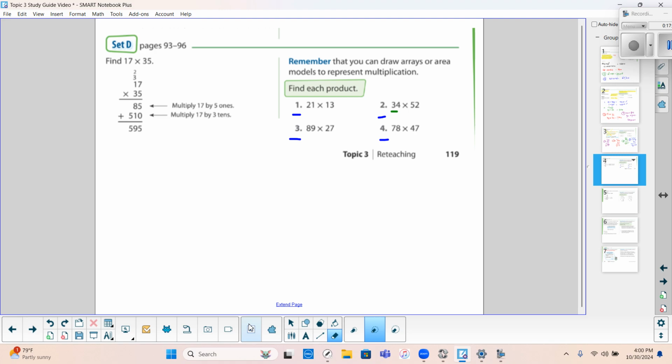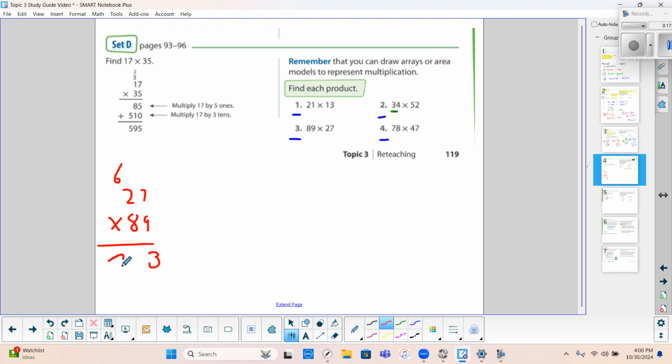Okay, so number 3, I'm going to use the traditional algorithm, which is 89 times 27. Okay, let's do it. 9 times 7 is 63, carry the 6. 9 times 2 is 18, plus 6 is 24.